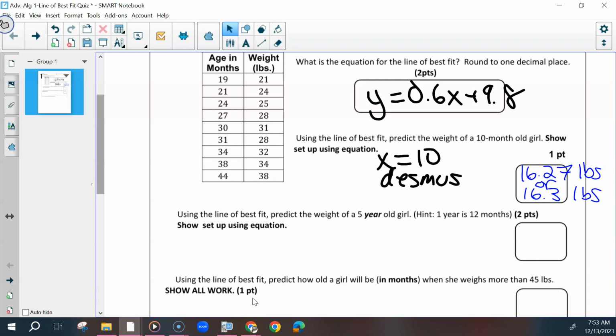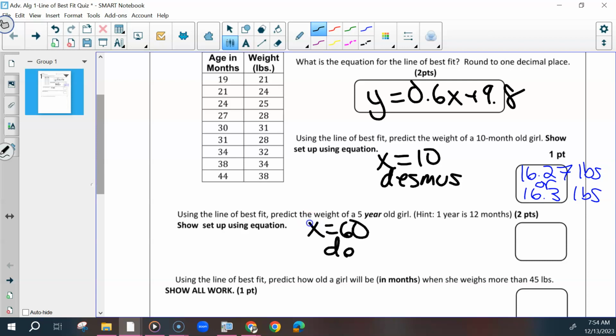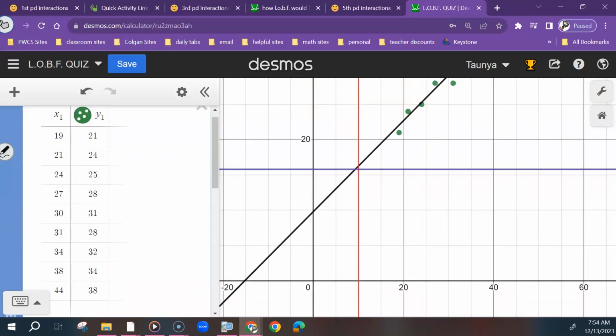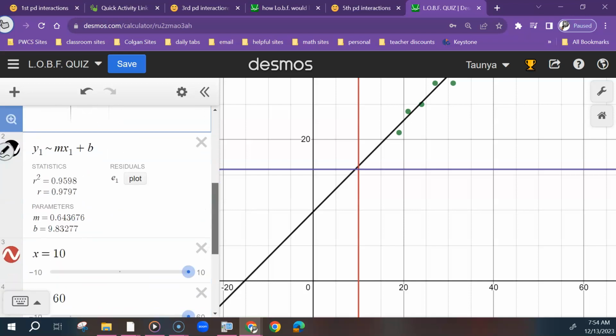Second one was the same. Somewhere you had to either show me that you multiplied 5 and 12, or somehow you got 60, which showed me that you multiplied 5 and 12. Again, put that into Desmos to see where those two lines cross.